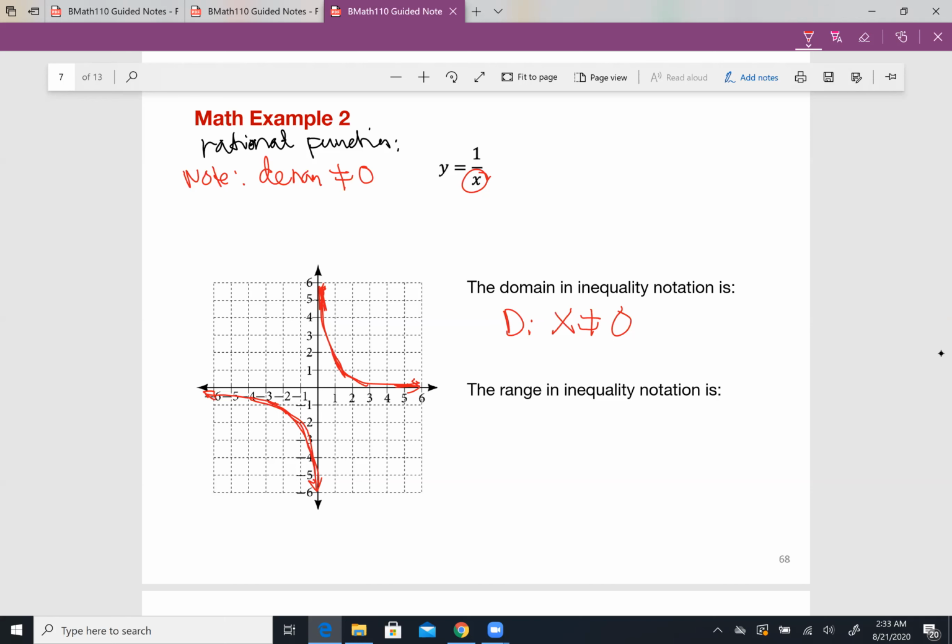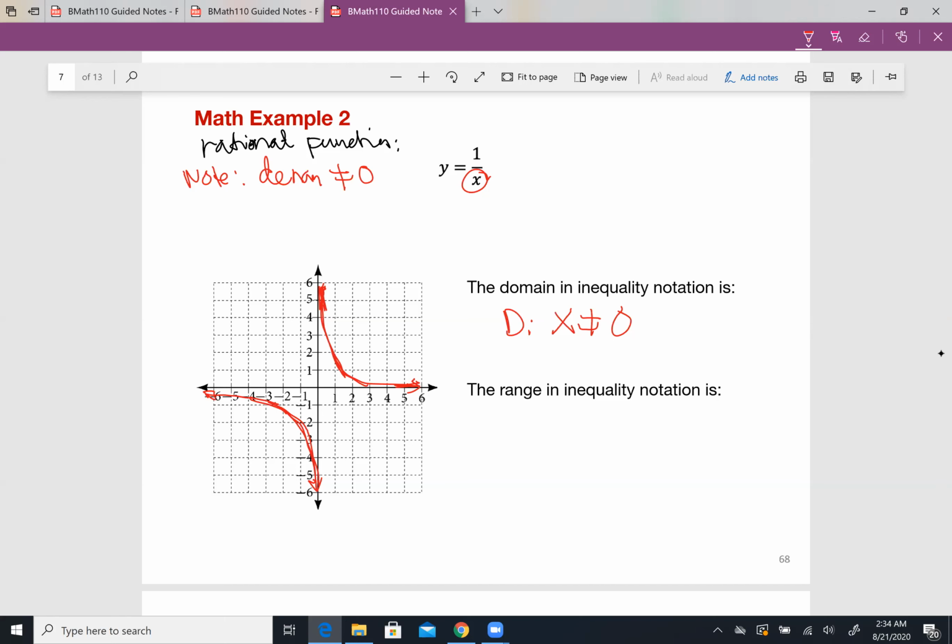And you should notice that for the range, which is the y value, you can see that the y value will never equal 0, right? It just goes along with the axis here, until x becomes infinity, then y is going to 0.